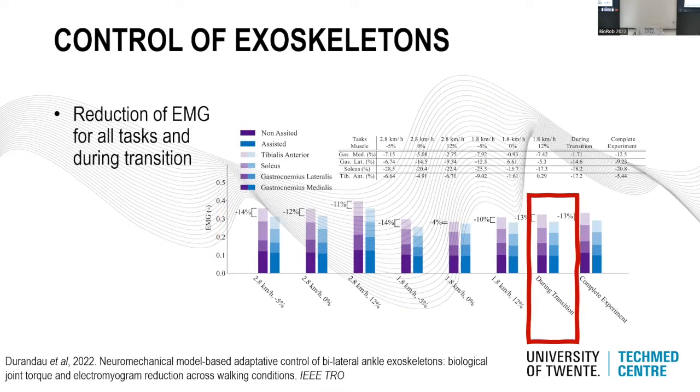But what was very important is that we could also reduce EMG levels, so providing positive assistance also during this transition, during those tasks. And this is very important because currently control of exoskeleton, or like the state-of-the-art controller, they use state machine.